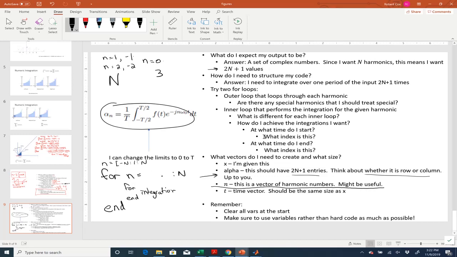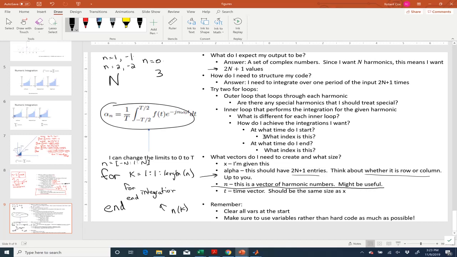And what I would probably do instead of looping on n here is say for k equal to 1 to the length of n, and inside of my for loops, I would use n of k. I think you'll find that that'll ultimately be an easier thing to do. But those are the sorts of questions you've got to ask yourself as you set up your code.